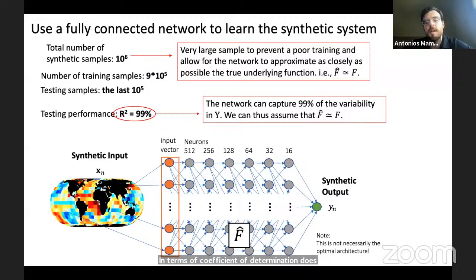This means that the network can capture 99% of the variability in the Y series in the testing data, and this is considered quite high performance given the nonlinearity of the problem. We are not arguing here that this is the optimal architecture to address this problem, but to keep things as simple as possible, and because the performance is already high, we stick with that.